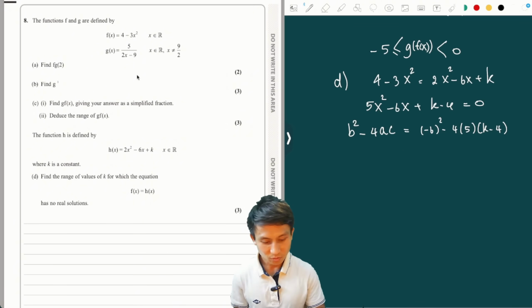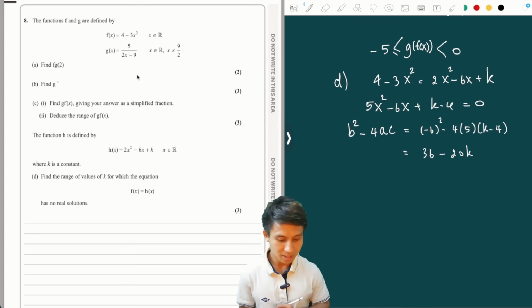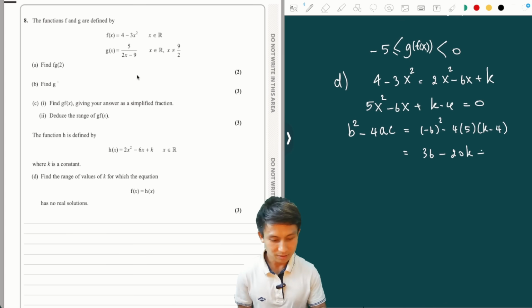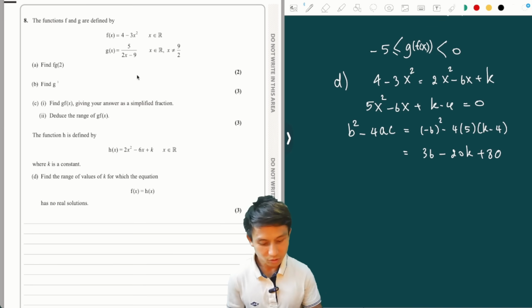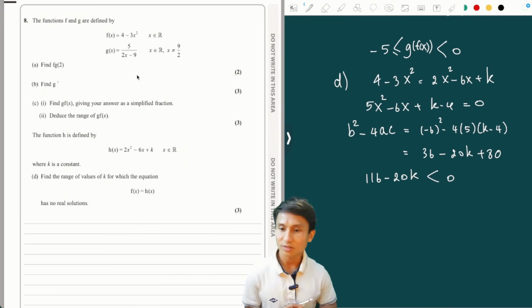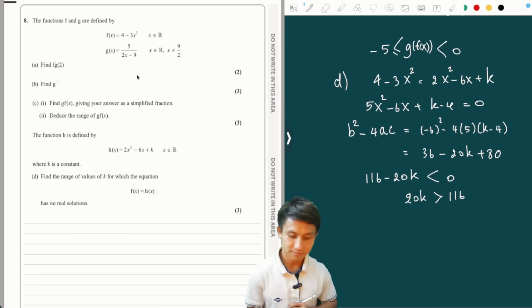So we have 36 minus 20k plus 80, right? So we're going to put 116 minus 20k less than 0 because we have no real solutions. And that makes 20k greater than 116.